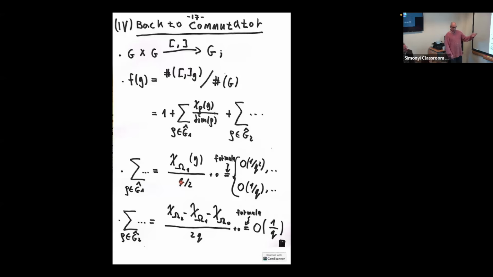There were multiplicities 2 there, so I divide by 2. The dimension of all those representations is essentially q. So let me just divide by q. Put little o for my imprecisions. And again, all those three characters are characters of the oscillator representation.